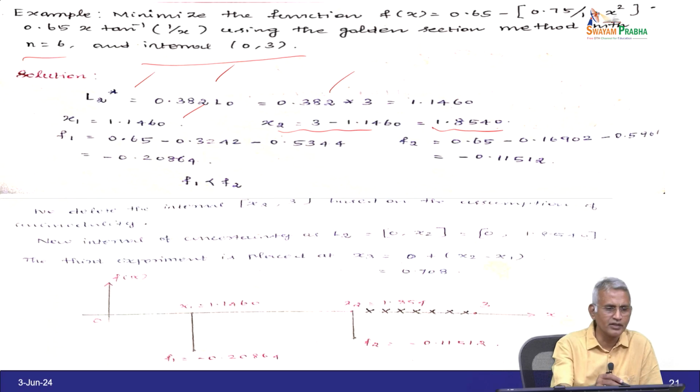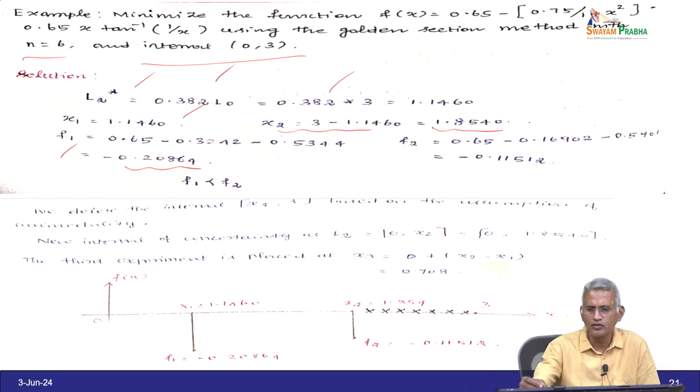Now, we have to start with f1. f1 equal to 0.65 minus 0.75 by 1 plus x square, where x is x1, 1.1460. Substitute it, and f1 will come, f1 equal to minus 0.2064.